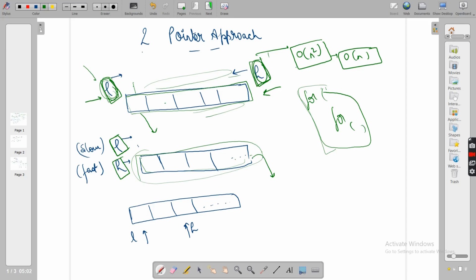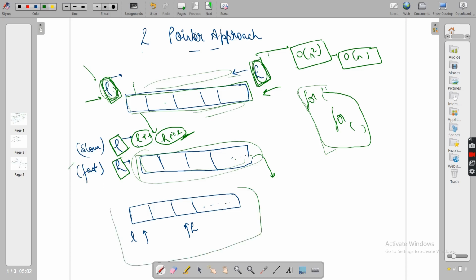Faster in the sense that L can go L plus plus, H can go H plus equals 2. All right, double the speed, or even H plus equals 3. It depends on the certain problem. Mostly it is H plus equals 2. So this is the second way.